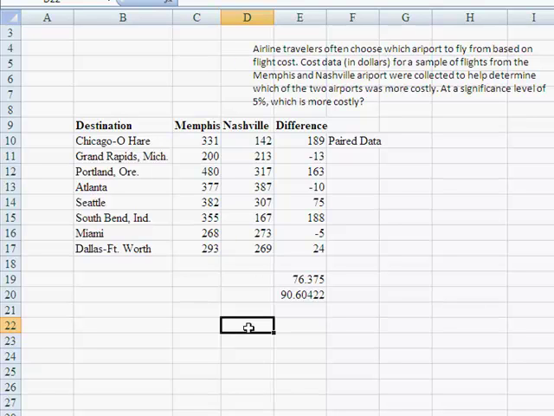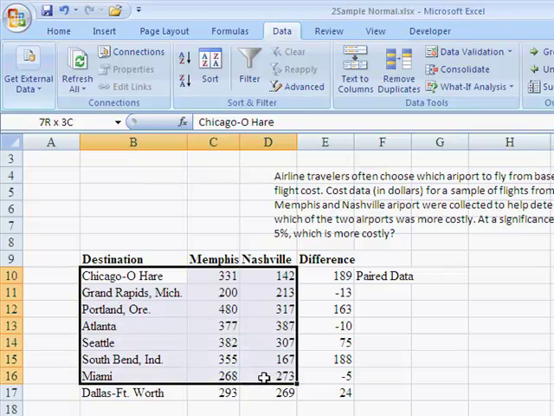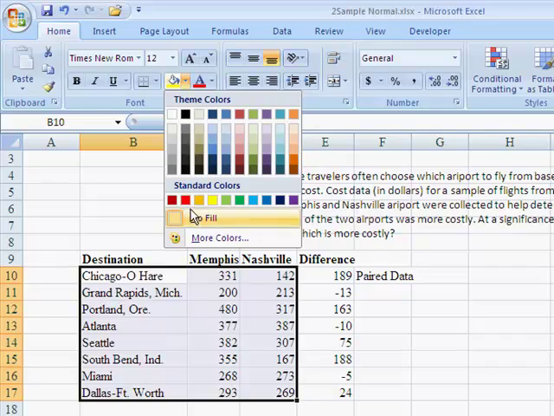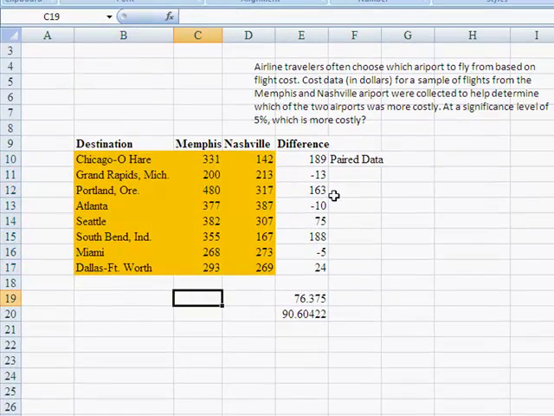That paired test is the same as doing a one-tailed or two-tailed one sample t-test, as if this original data didn't exist. It's kind of the equivalent to having that data no longer exist at all. What if I were to make that orange so it looks like it doesn't exist anymore? We'd only be dealing with these differences.